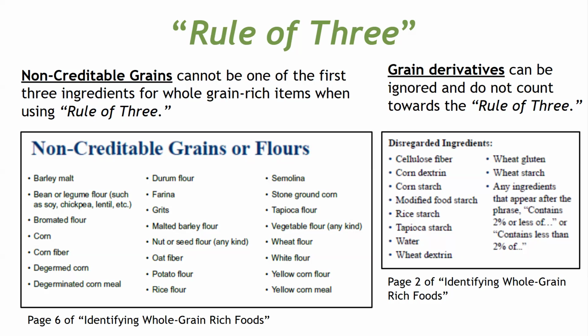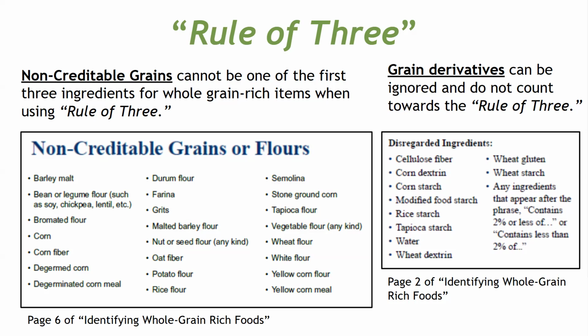And then it may get a little confusing. So on this list, it says wheat flour, and that's because it doesn't say whole wheat or enriched wheat. So if it just says wheat flour, that would not be creditable because it's not a whole grain and it's not enriched. So it can't be one of the first 3 grain ingredients.